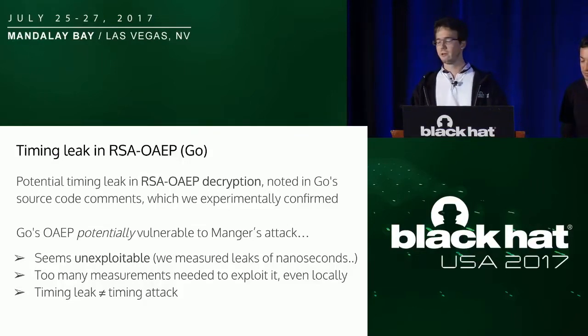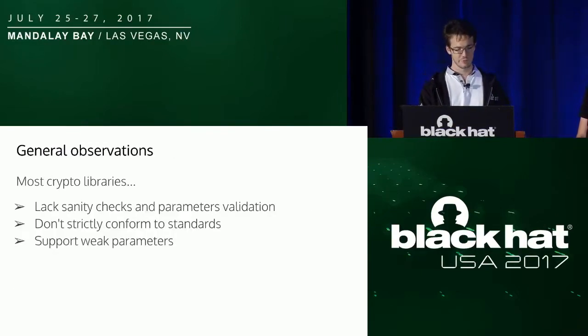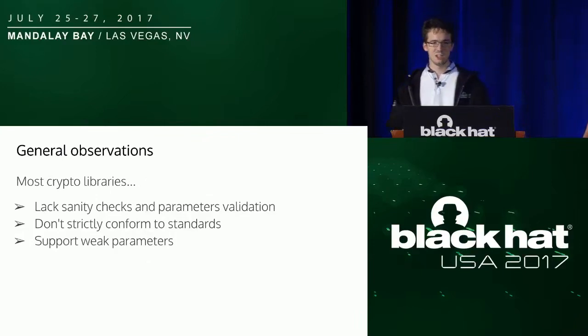We were not able to use it against the RSA implementation because the noise of the operating system is so big and the signal is so low that you need far too many traces to do any attack there. So generally, we observe that most crypto libraries are really concerned about practical attacks, practical problems, but they won't really care about domain parameters, boundaries, and such details.